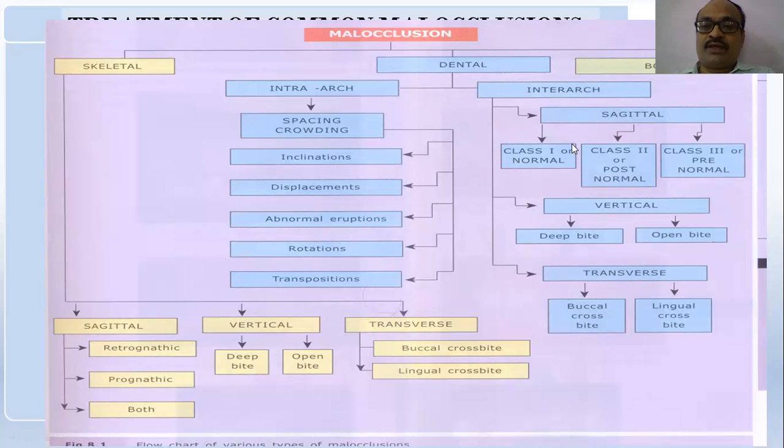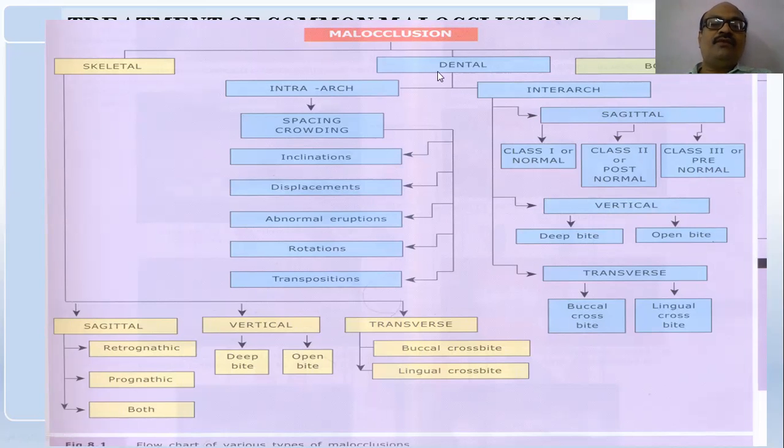In sagittal, we know the common classification, Angle's classification: class 1 normal, class 2 post-normal, and class 3 pre-normal. Likewise, in vertical relations, we have a deep bite and open bite depending upon the overlap of the incisor teeth, and in the transverse direction we have buccal crossbites and lingual crossbites.